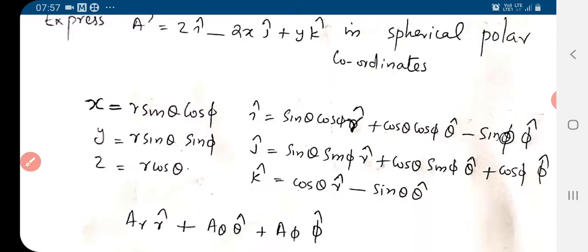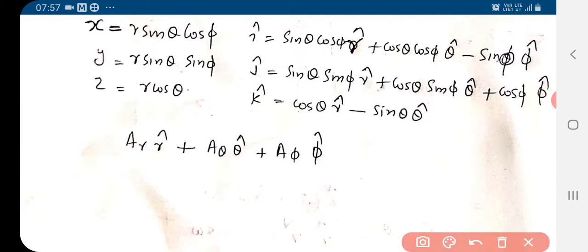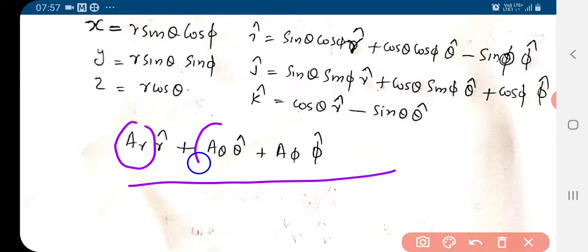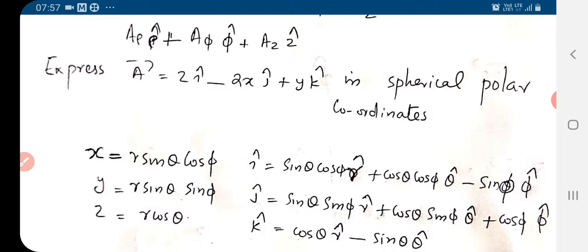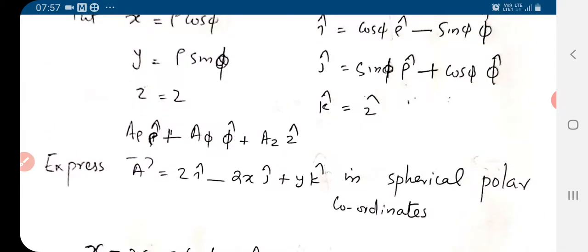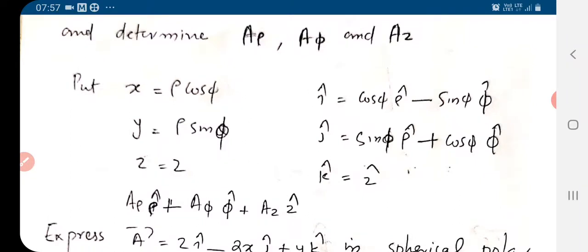As you calculate and compare, the coefficient of unit vector r is A r, and the coefficient of unit vector theta is A theta. Phi we substitute, and in that way we determine A r, A theta and A phi. So we can expect such problems in exams.